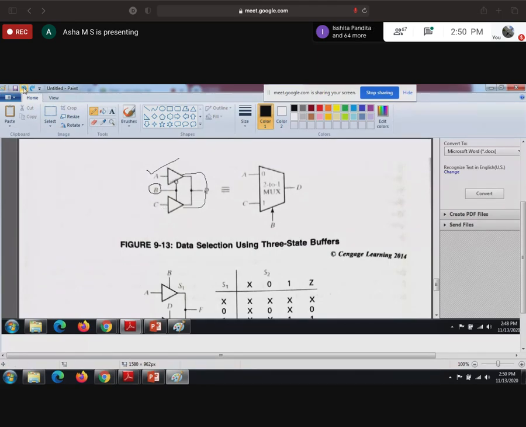Hope you guys are getting it. See, if I want D equal to A, this buffer should be enabled. This buffer should be enabled means the value of B should be 1. Like the previous one, don't forget, okay?